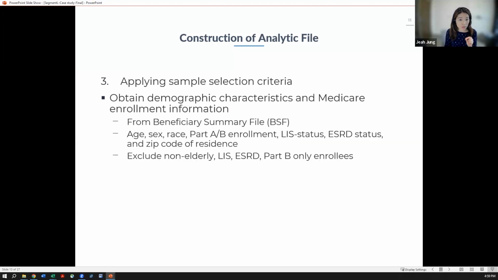So we link to the MBSF file. Back then it used to be called the beneficiary summary file, just the BSF. Now it's called the master beneficiary summary file. So we get age, gender, race, LIS status, ESRD status, and zip code information from the MBSF file. Then we excluded these folks.